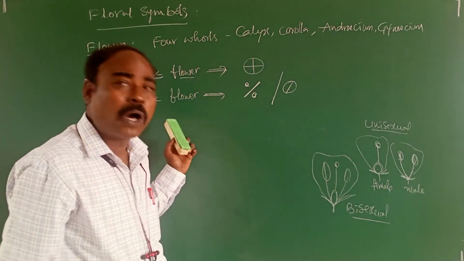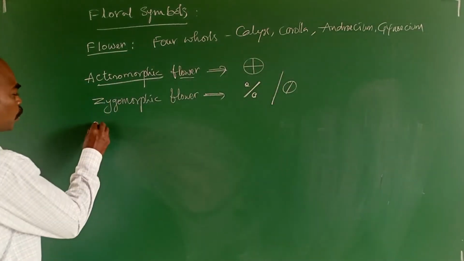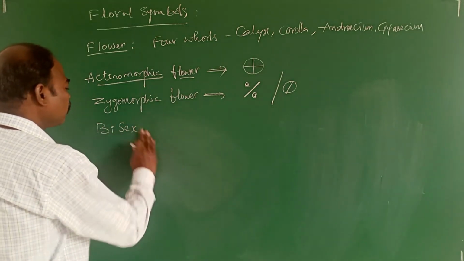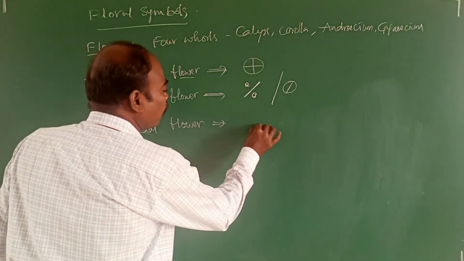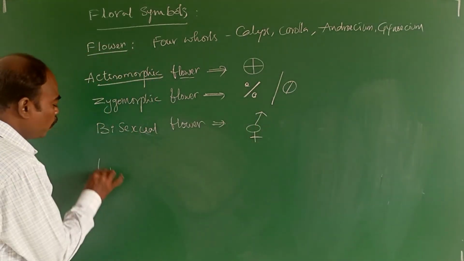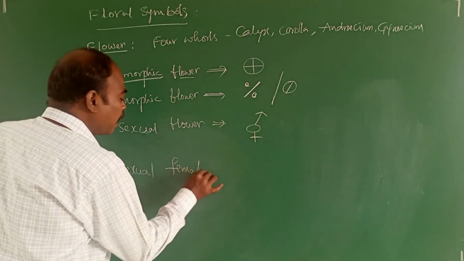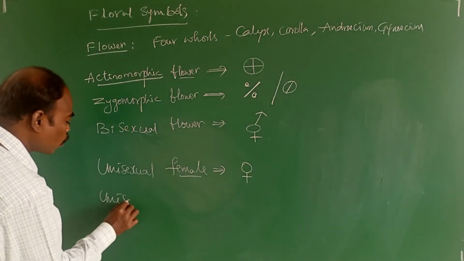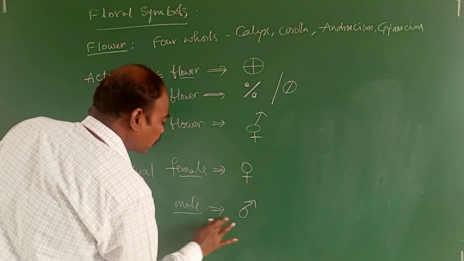These are also symbolically indicated. These symbols are used to explain a bisexual flower, symbolically explained by putting a circle, arrow mark and plus. Unisexual flowers: female flowers are explained like this, and unisexual male flower is explained with only the arrow mark.